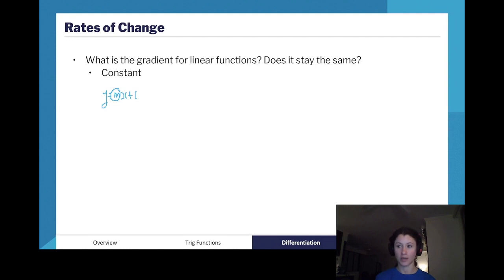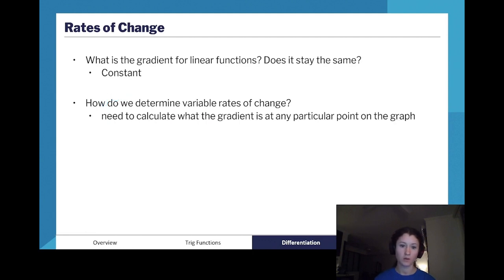It does not change. How do we determine the variable rates of change? We need to calculate what the gradient is at any particular point on the graph, or in other words, how steep the graph is at any particular point.